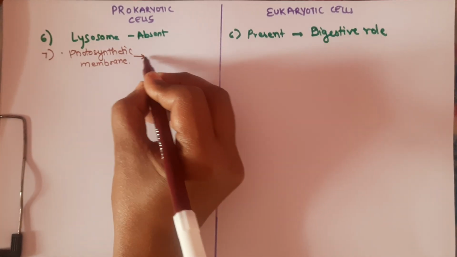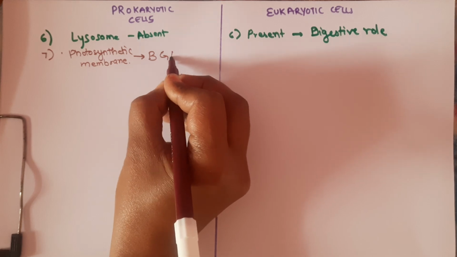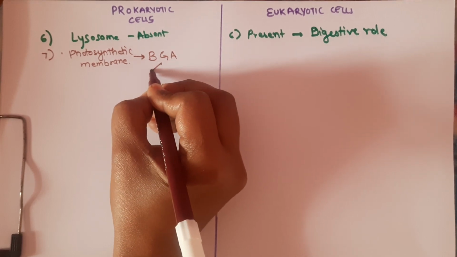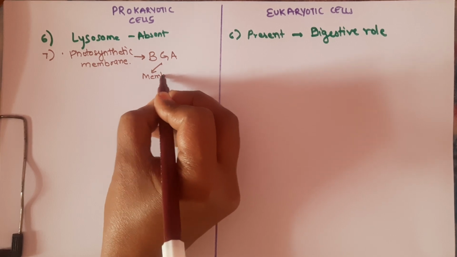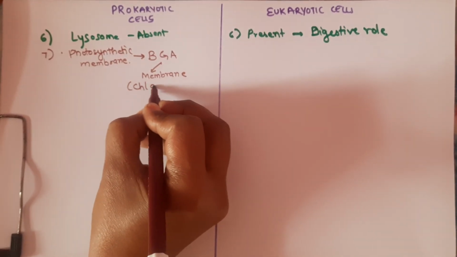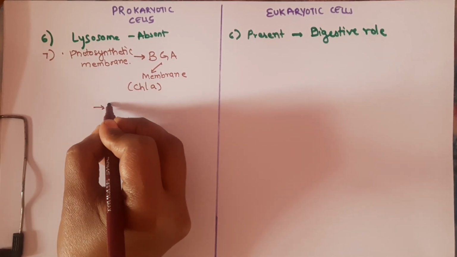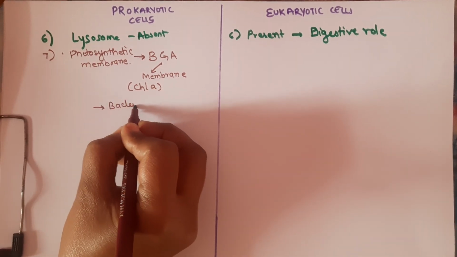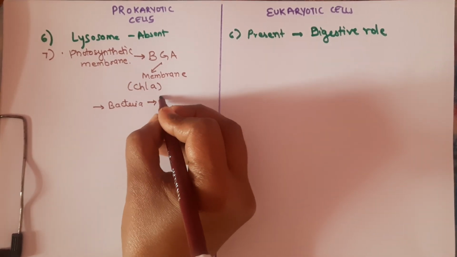In case of the blue-green algae, it is present in the form of membrane, and that membrane will contain the chlorophyll A. And in the bacteria, chlorophyll is there.